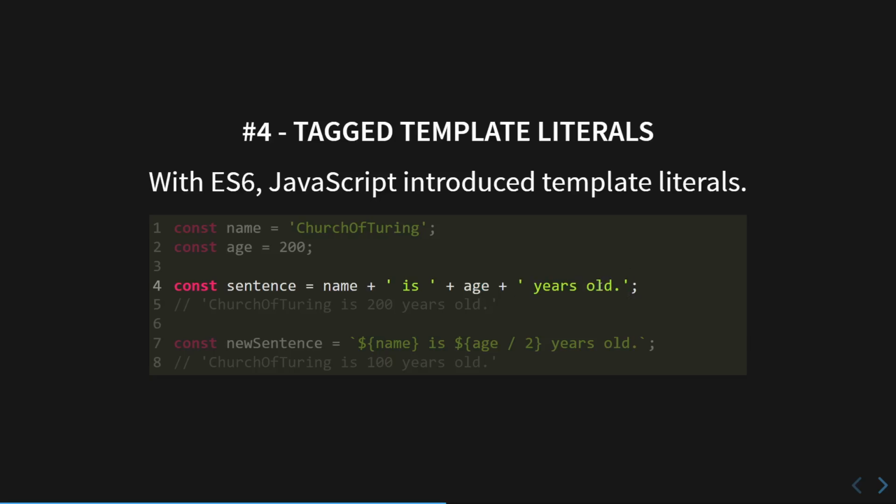And this worked well enough, but it was a bit tedious when it came to including expressions or including multi-line strings, for instance. So with ES6, JavaScript introduced template literals, which use these backticks. And inside them, with the $ sign and braces, we can now include variables, we can now include expressions. It's just a neater way of doing it.